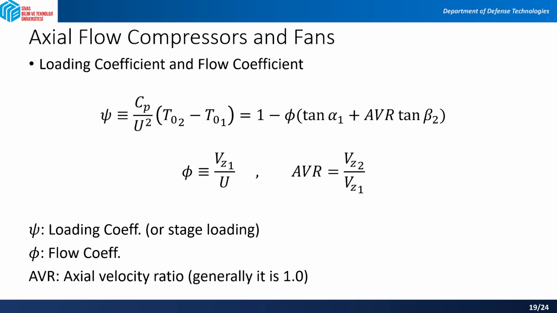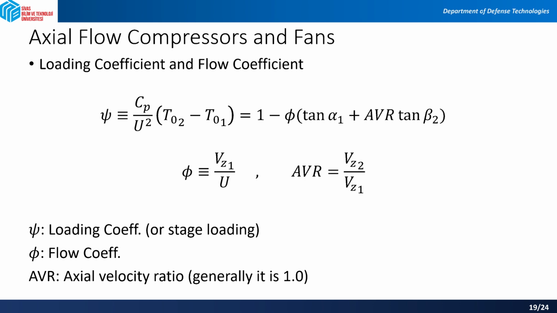And if you define the flow coefficient as the axial velocity over the peripheral velocity, then you can express your loading coefficient in terms of your flow coefficient using this relation. In this relation, AVR stands for axial velocity ratio, which is generally equal to 1.